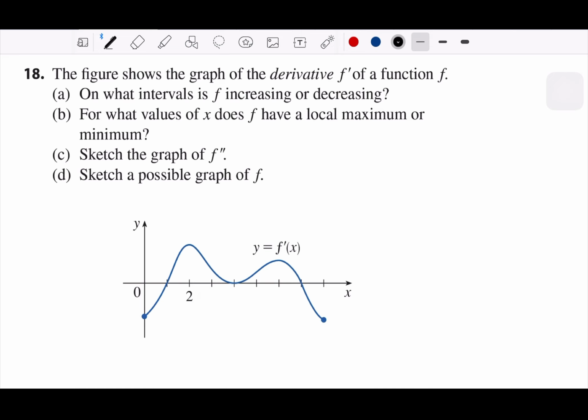Do you know why? If you say 0 to 2, I understand, you see the graph is increasing, but it's not f, it's f prime.